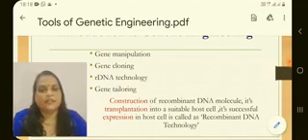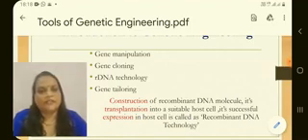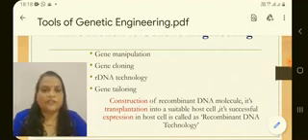In this process of genetic engineering, we construct the recombinant DNA molecule, then we transplant it into a suitable host cell, and if it gets expressed in that host cell, the process is complete and successful. So the overall process includes construction of recombinant DNA molecule, its transplantation into a suitable host cell, and its successful expression in the host cell.